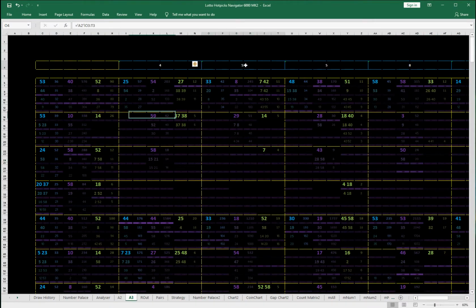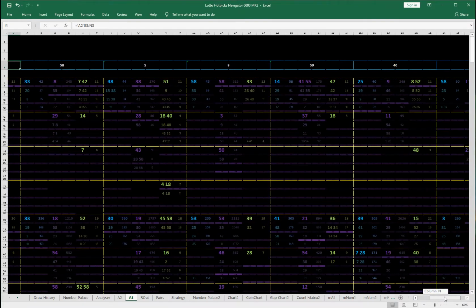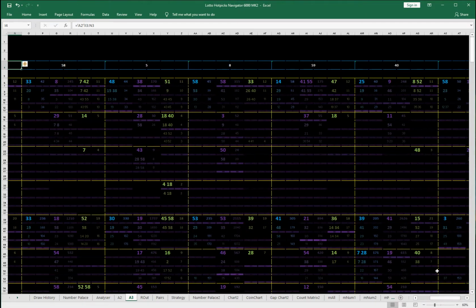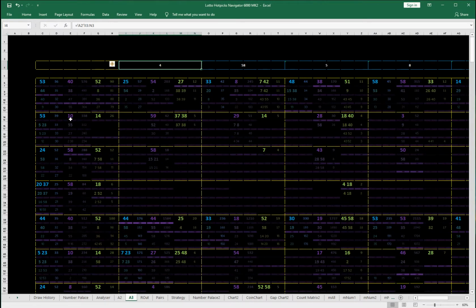Because if 58's there, and that's the largest, that's got to be 59. Then we've got these two, which are the logical choice for numbers smaller than 8. And then in this column, it's a choice between either 10 or 40, or maybe 53 or something. I don't know.